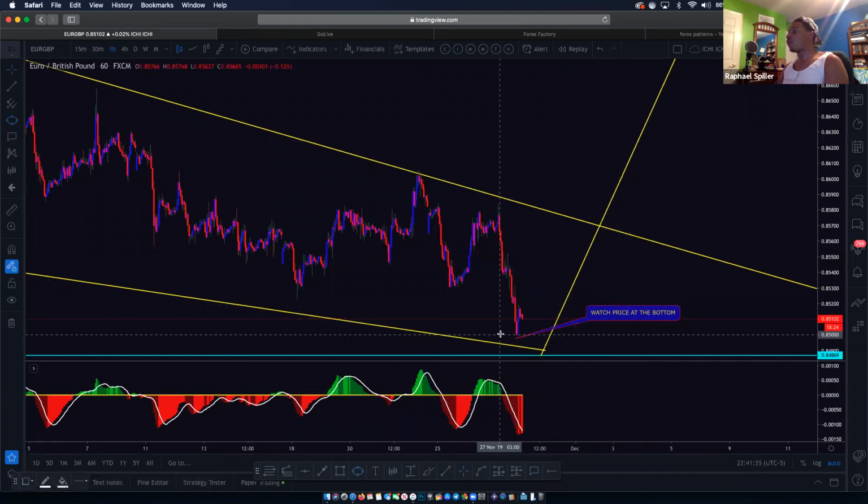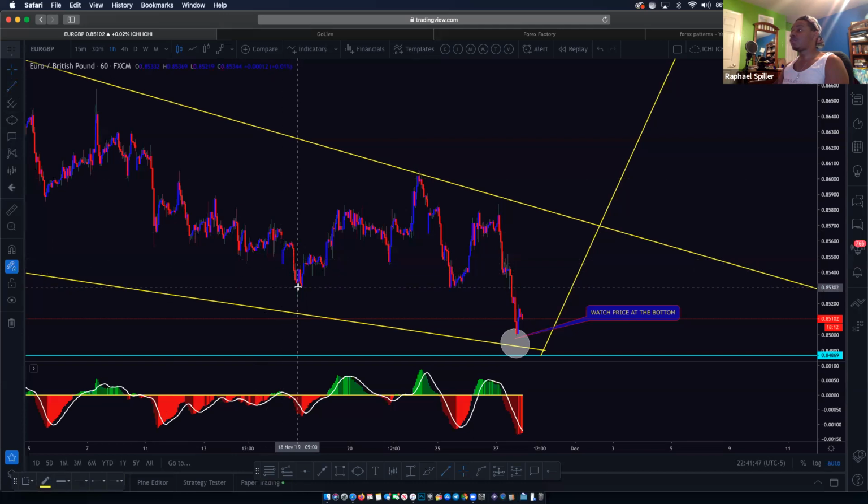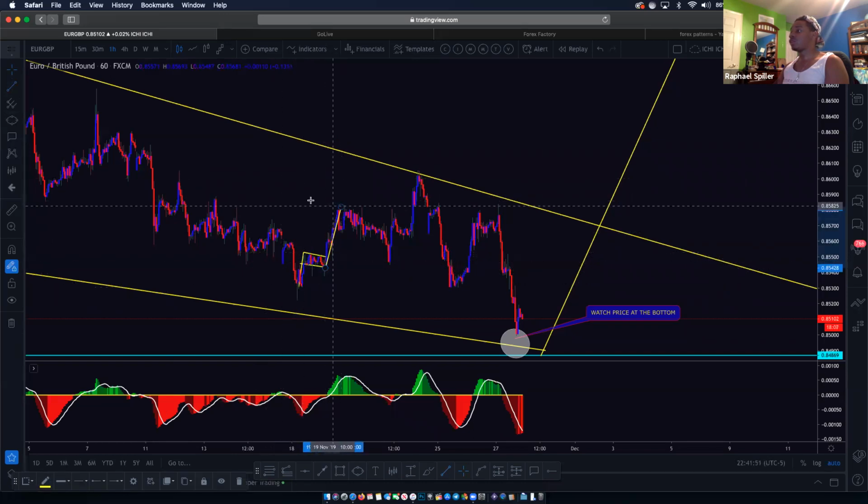Don't sell here. This is not a good place to sell. We're already at a support level. What you want to wait for is what you see here. Impulse, correction, continuation. That's what you want to watch over here. You want that exact same thing.